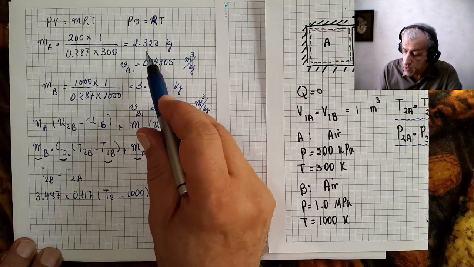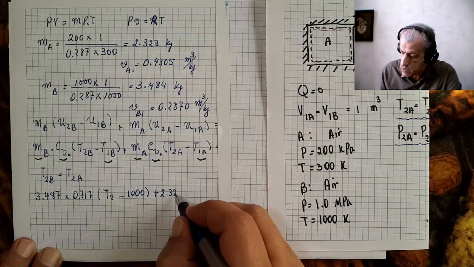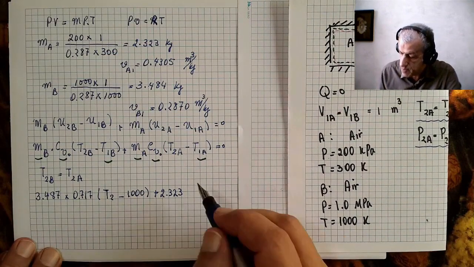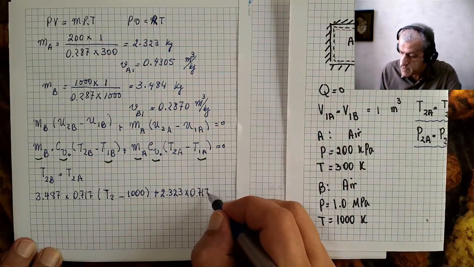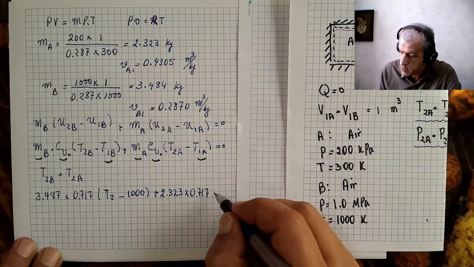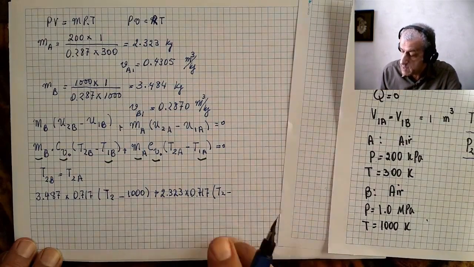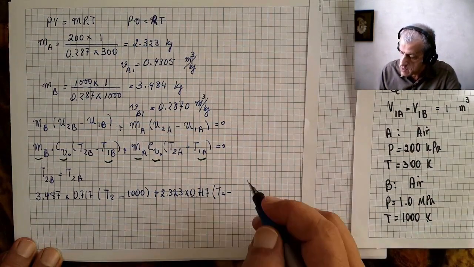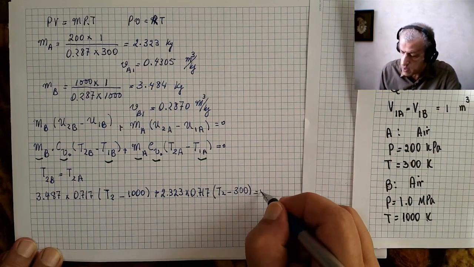MA is 2.323 times 0.717, which is CV0, times (T2 minus T1A, and T1A is 300 kelvin), and that equals 0.